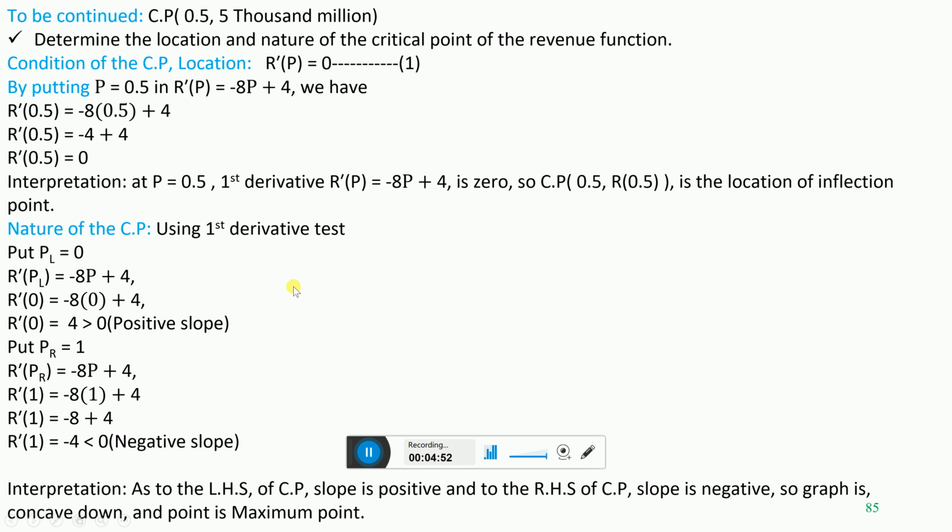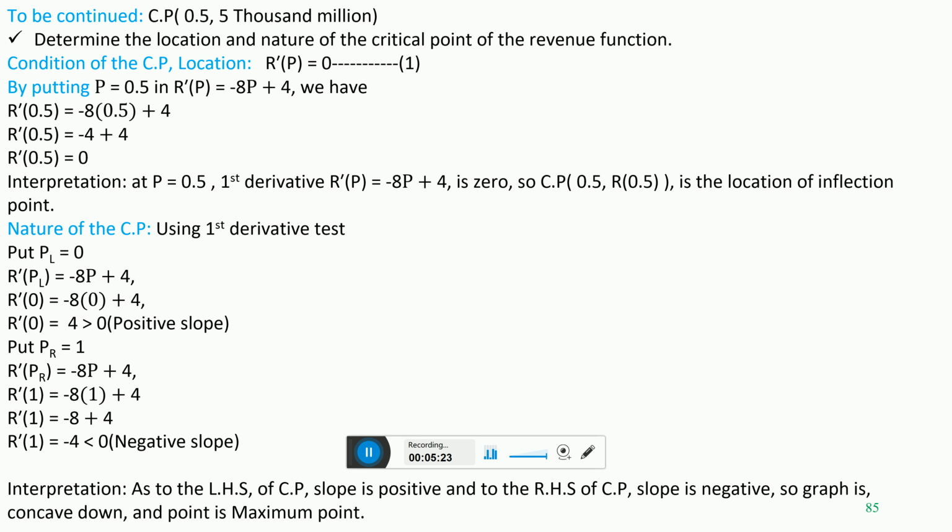In the next section, we will determine the nature of this critical point, that is, whether this is the highest point of the graph or the lowest point of the graph, the maximum point of the function or the minimum point of the function. We will determine the nature of the critical point using the first derivative test. What is the first derivative test?